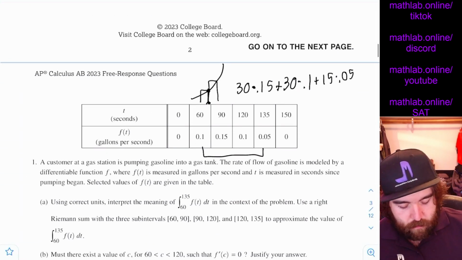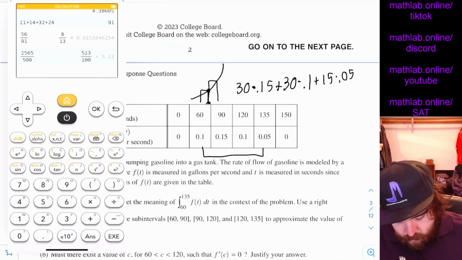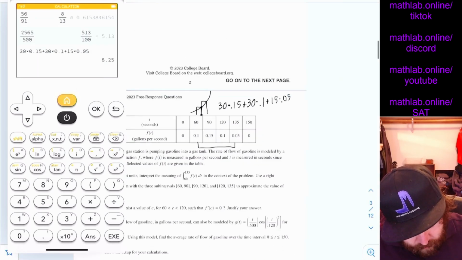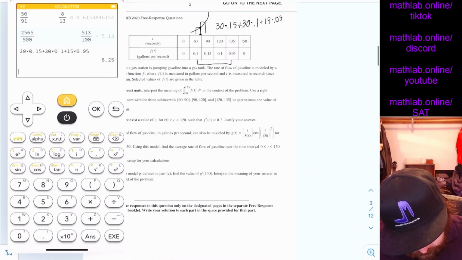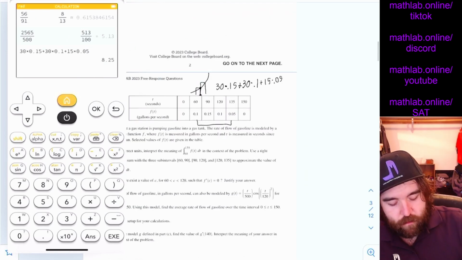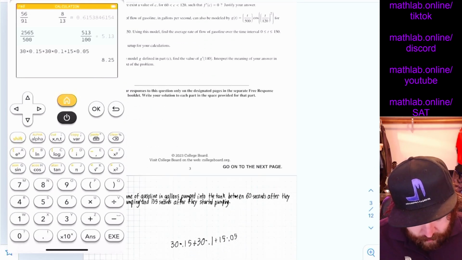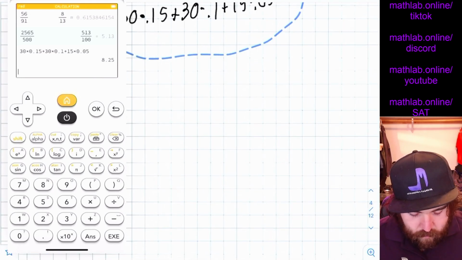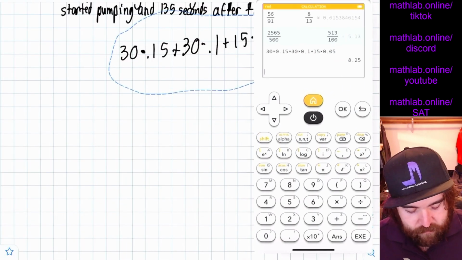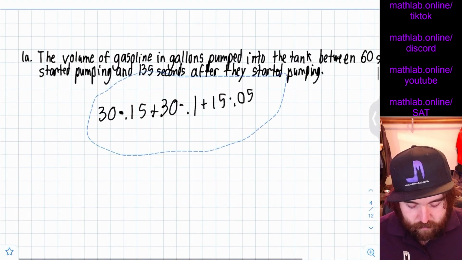Yes. So 30 times 0.15 plus 30 times 0.1 plus 15 times 0.05 is 8.25. Then you think, does that make sense? When you pump gas into your car, do you pump it about 8 gallons a minute? Probably. It's unfair to the freshmen or sophomores taking AP Calc, maybe.